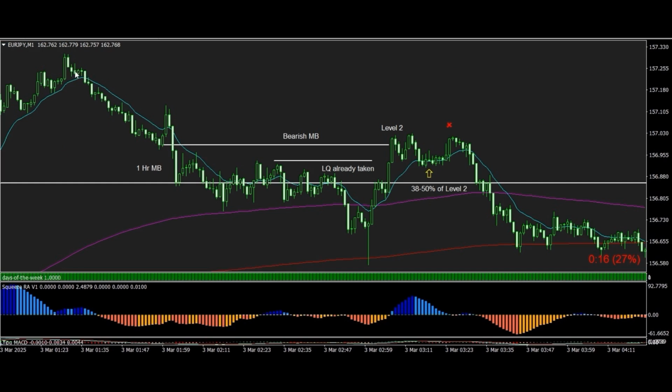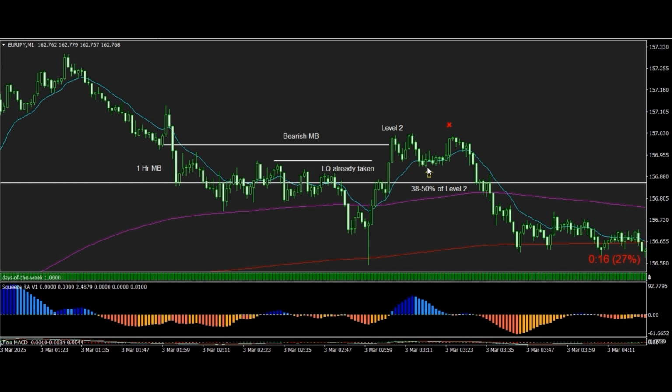So this is that high that was created from the previous session. And we see how price dipped into that mitigation block. Now, when you look at taking a move outside of this mitigation block, we see a 1 and a 2 created.